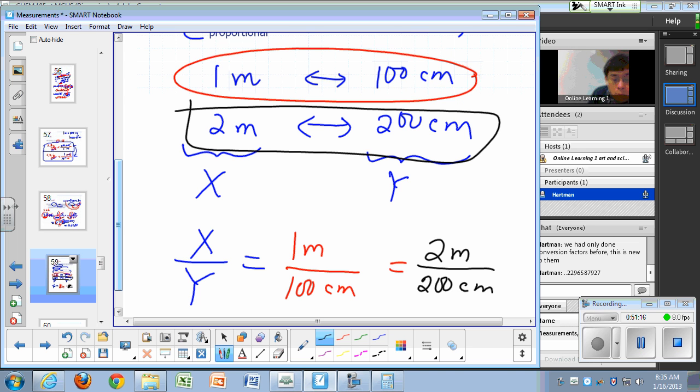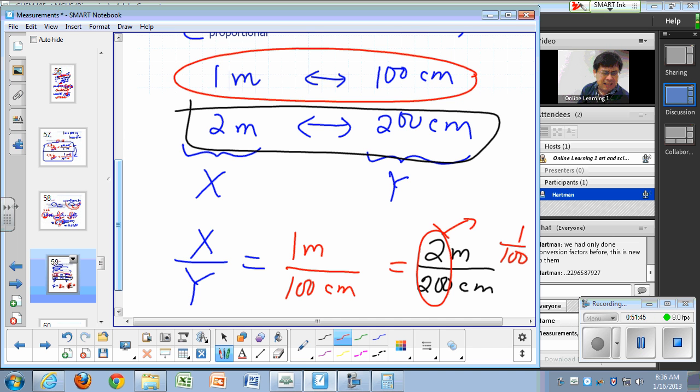Is 1 over 100 equivalent to 2 over 200? This is a fraction, you can reduce it, divide both numerator and denominator by 2, you get 1 over 100, right? So the ratio of the length in meters to the length in centimeters is a constant. That's what we mean by directly proportional quantities.